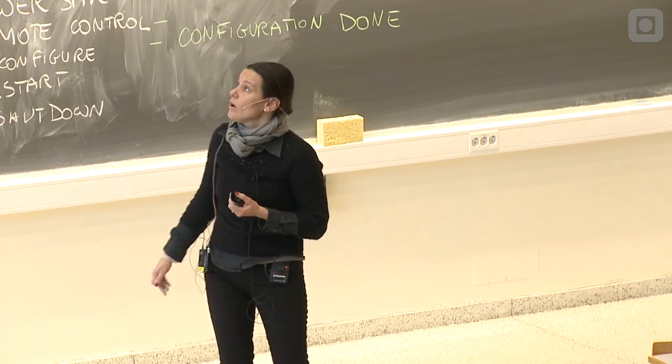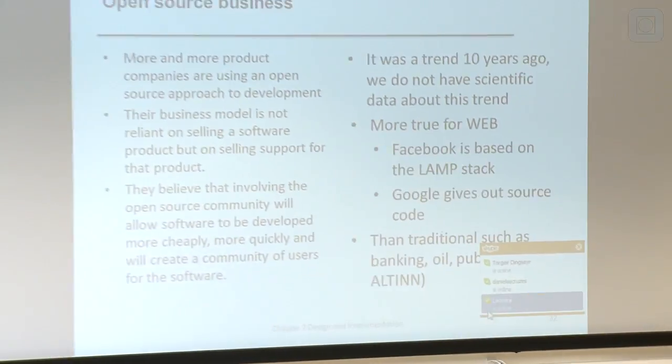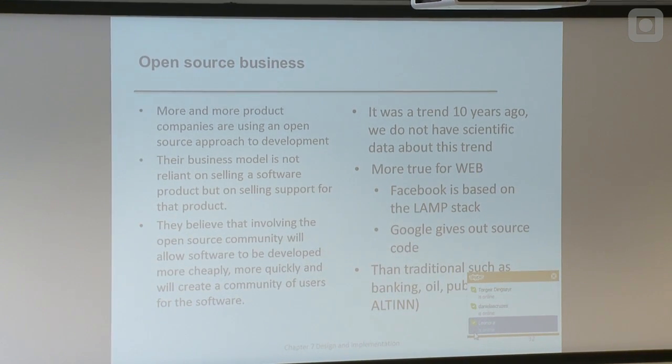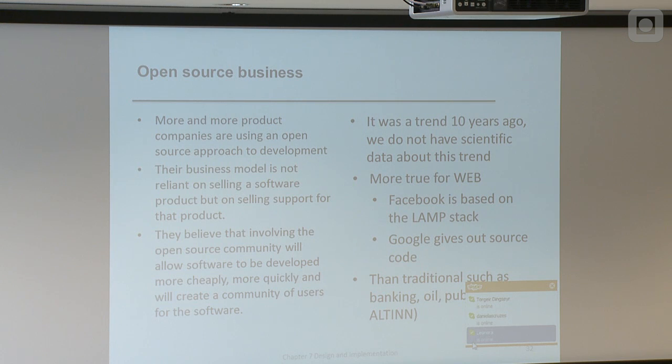Another question is that the book is a bit simplistic about open source when it says more and more product companies are using open source as an approach to development. We have been doing a lot of research about that and we don't have conclusions. We are not sure if this first sentence is really true. It's true for systems like Google, because we know that Google is trying to give everything out as open source.